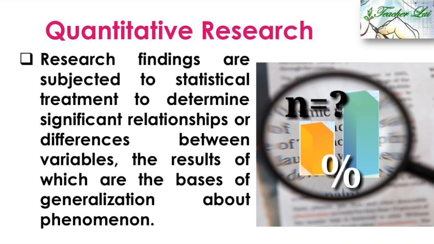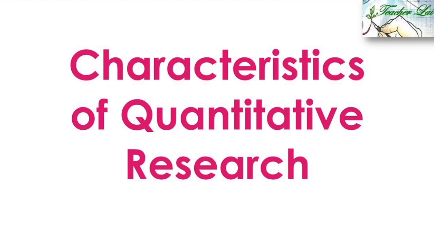Research findings in quantitative research are subjected to statistical treatment to determine significant relationships or differences between variables, the results of which are the basis of generalization about the phenomenon. Now, let us proceed to the characteristics of quantitative research.